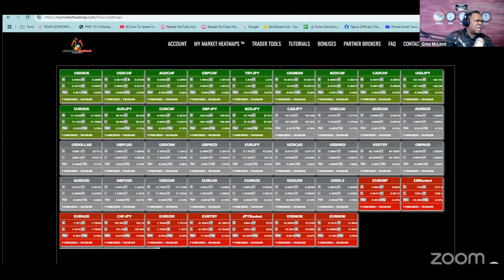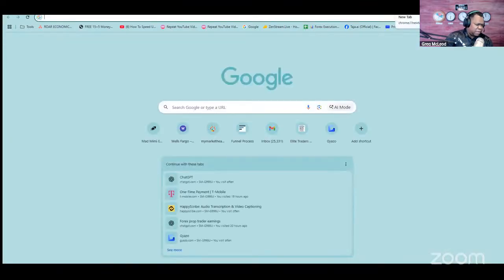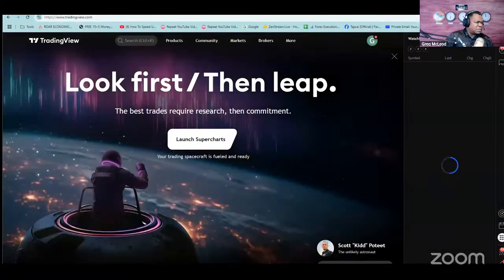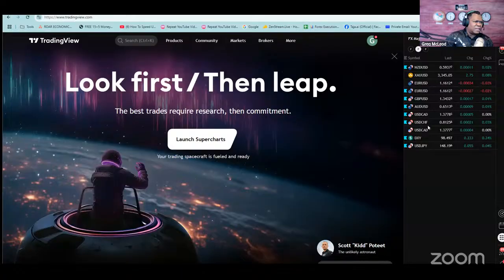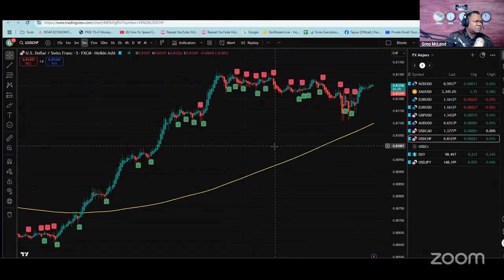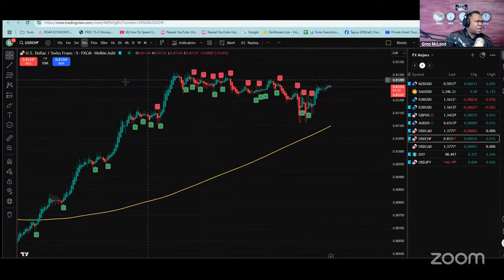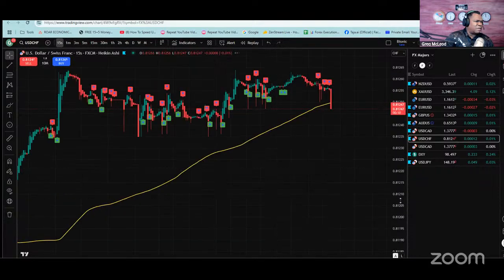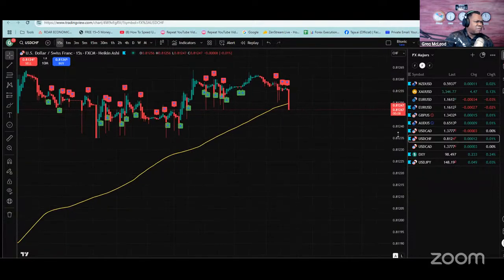So let's say we're looking at dollar Swiss and we're looking for a trade. Actually, let's go to TradingView, right? And let's just log in. Let's look at the dollar Swiss, right? Look at the super charts, right? And let's say we went to a 15-minute chart, right?